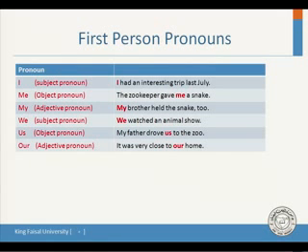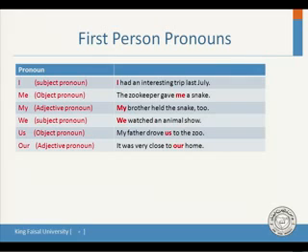Okay? First person pronouns. How many pronouns do we have in this table? We have 6 pronouns. I is the subject pronoun. I had an interesting trip last July. Me is an object pronoun. The zookeeper gave me a snake. He gave me a book.